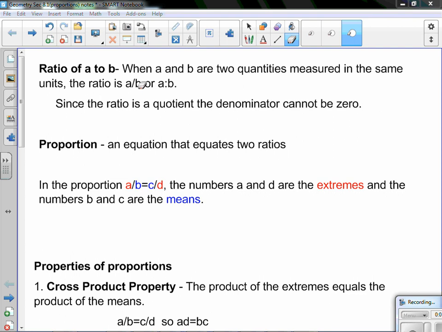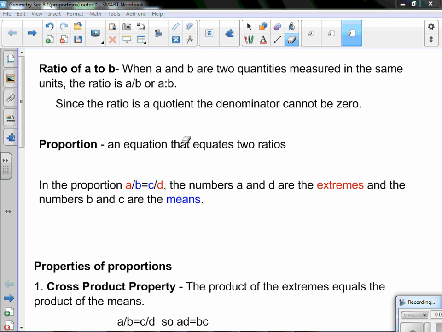Because if we put a 0 in the denominator, we call it what? Anybody? Undefined. It's undefined because we can't divide anything by 0, because we can't make 0 times another number equal anything but 0.